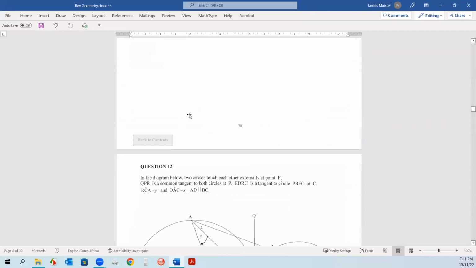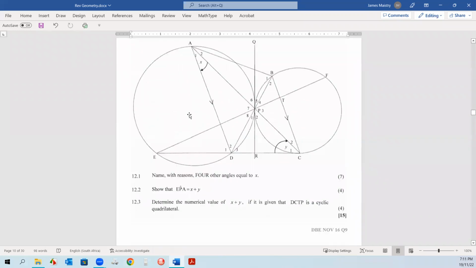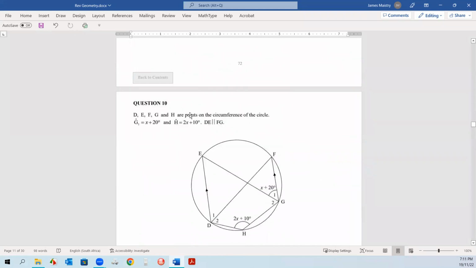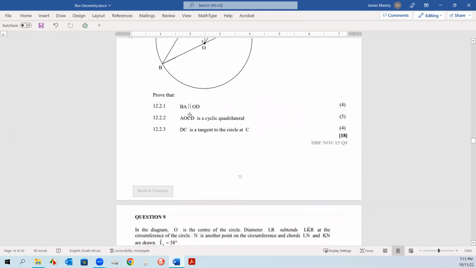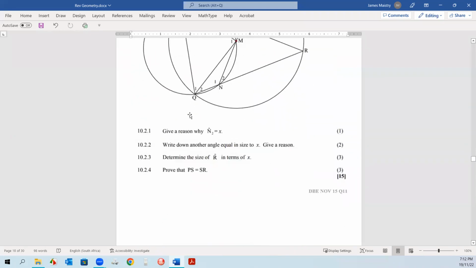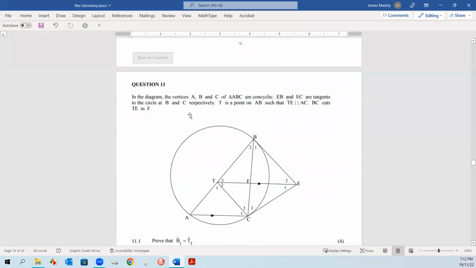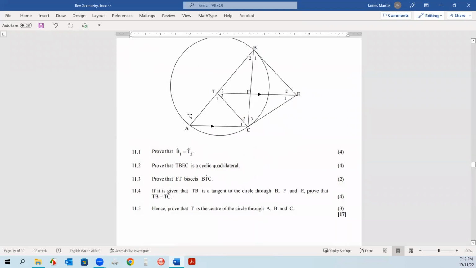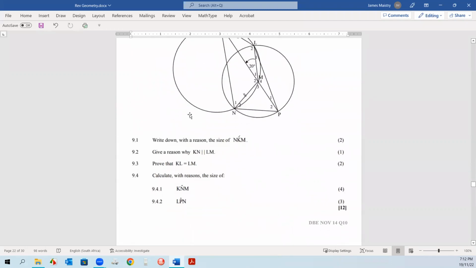I'm just scrolling to look at some lovely diagrams here. Oh, this one looks complicated. It says prove it's a cyclic quad. Some nice questions here. Give reasons, prove that PS. Well done, some good questions here. Okay, I'll take one question now.